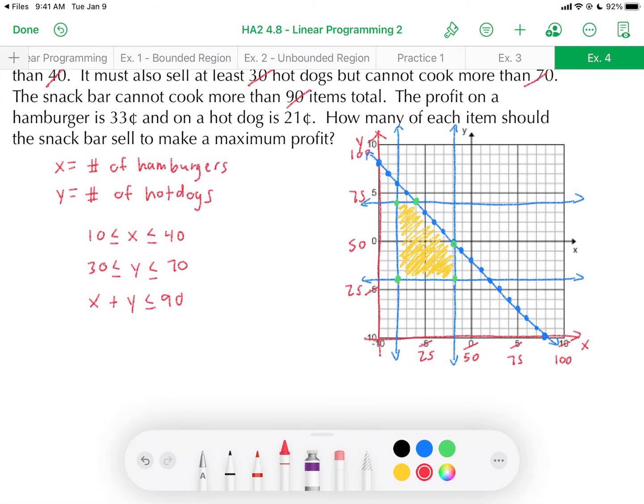The only numbers I haven't used yet are the profit values I get for each item, right? So let's do f of x, y equals 33 cents per hamburger, so 0.33x, plus 21 cents per hot dog, so 0.21y.